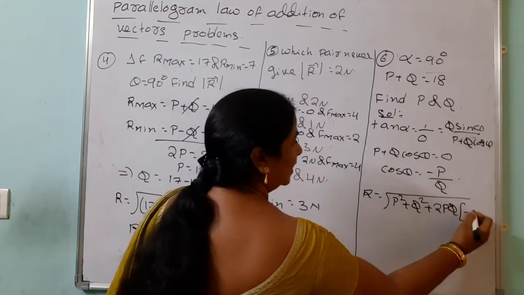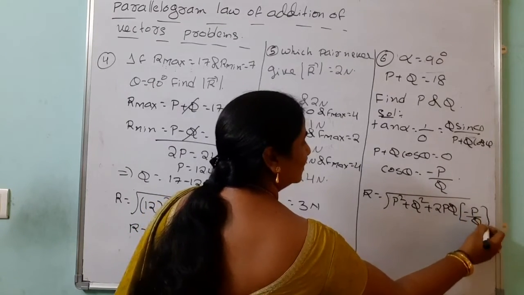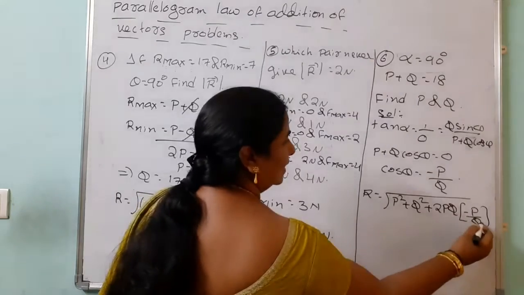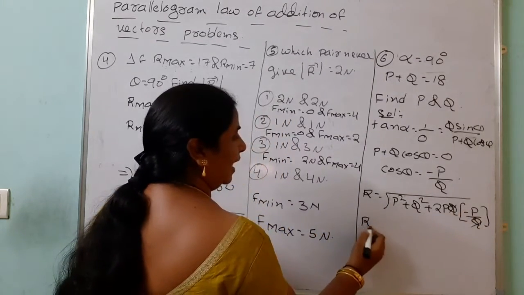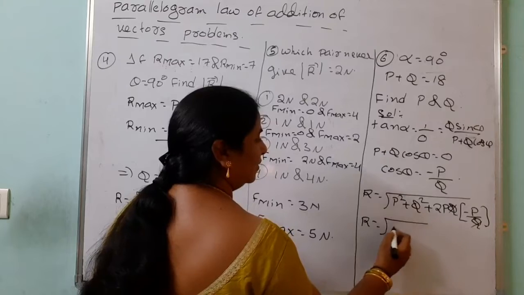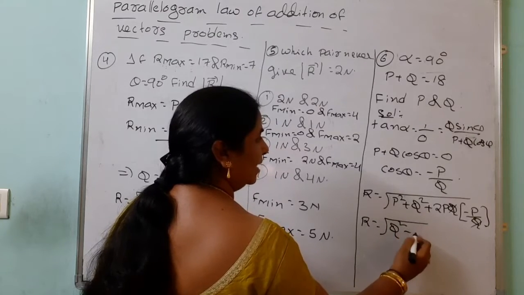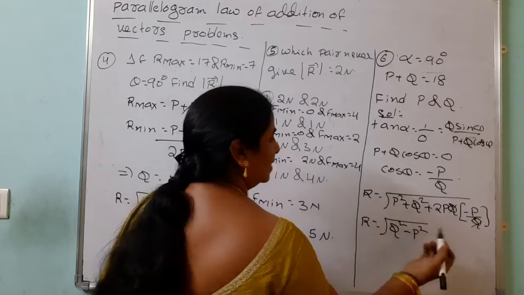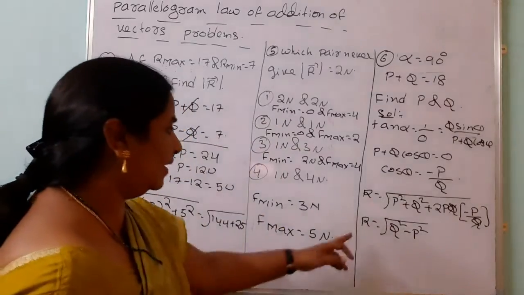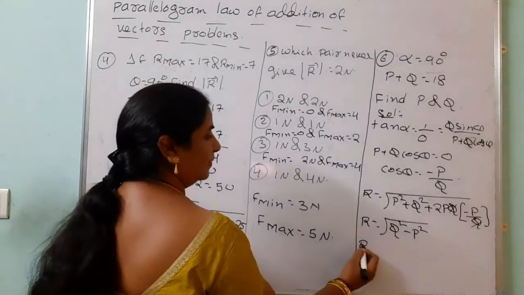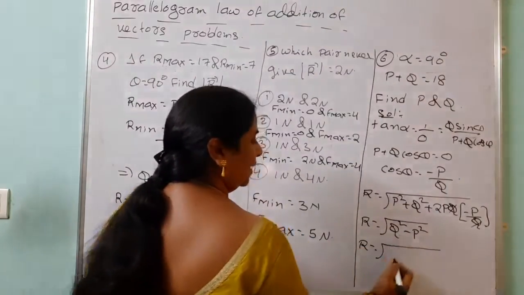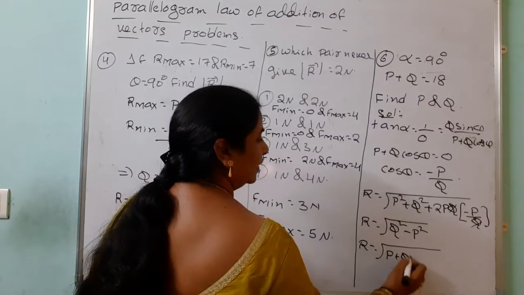Instead of cos theta, we can write minus P by Q, so Q is cancelled here. R equals how much? Under root Q square minus P square.